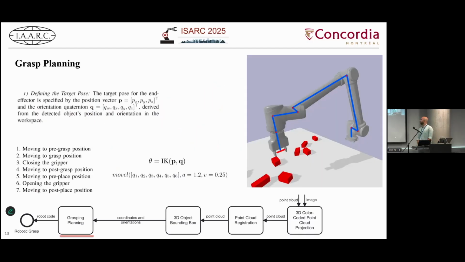Our robot grasping algorithm is based on a few steps for a simple pick-and-place task, and we use inverse kinematics for the UR10 robot to get the robot rotation axes and send them directly to the robot for our tasks.